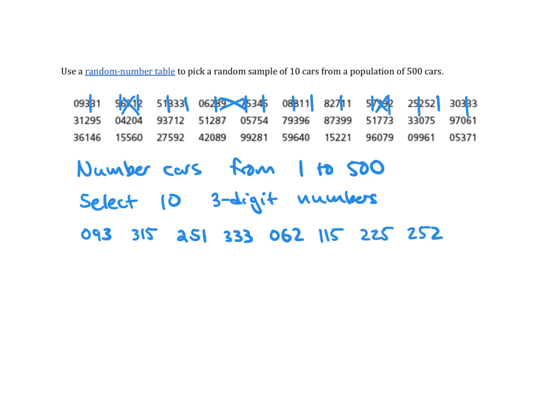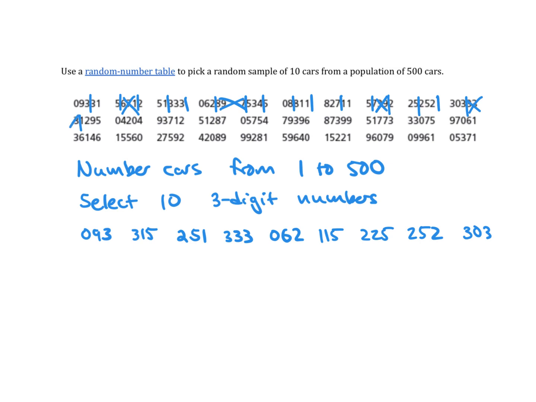303 is okay. My next number, I use the 3 and the 3 at the end of the line, and I take that next 3 on the next line, and I get the number 333. But I actually can't use that because I already had the number 333, and I don't want to repeat because that wouldn't be 10 different cars. So I'm going to erase that one to avoid repeating a number.